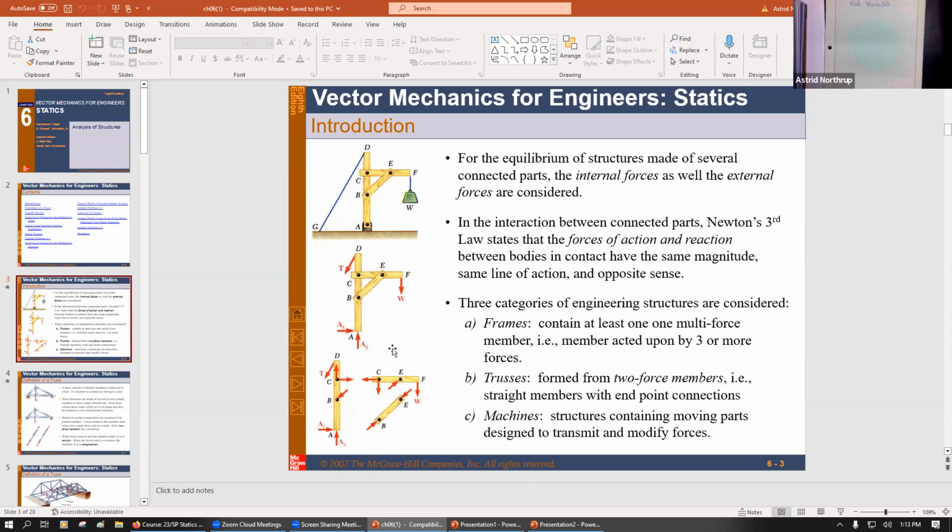So it's equally valid to look at the whole structure, or any part of the structure, and consider everything that's touching that structure or that structural member as just acting upon that structure.